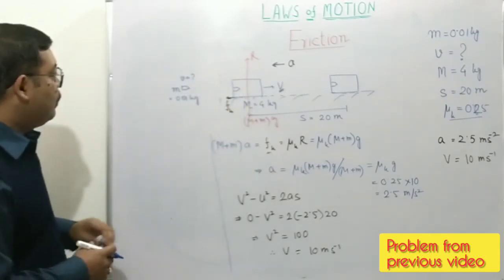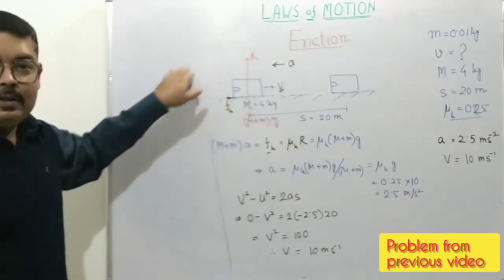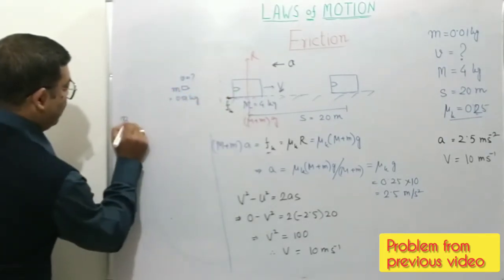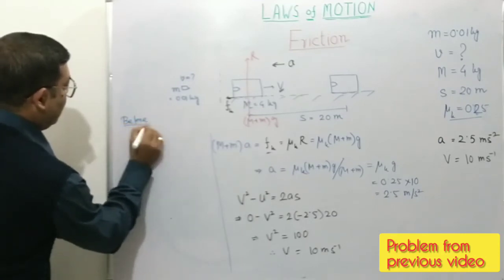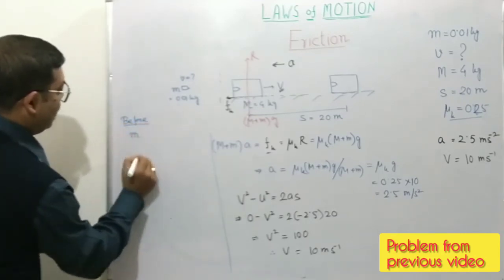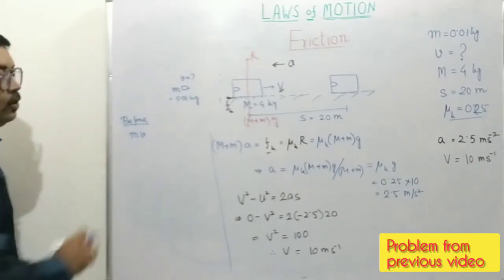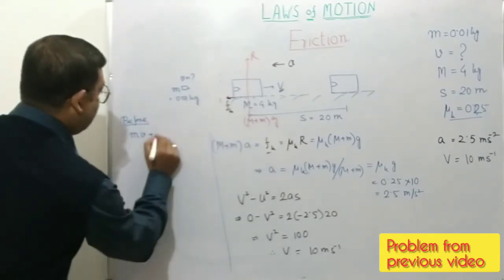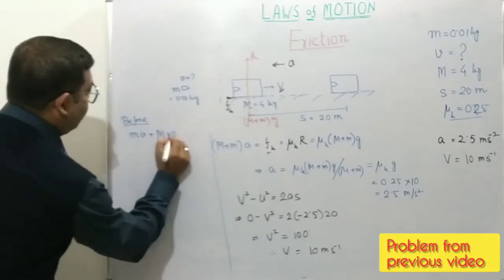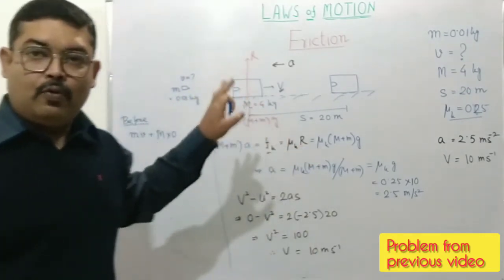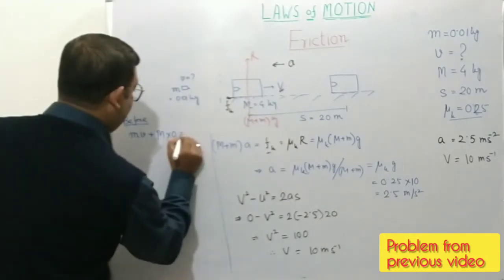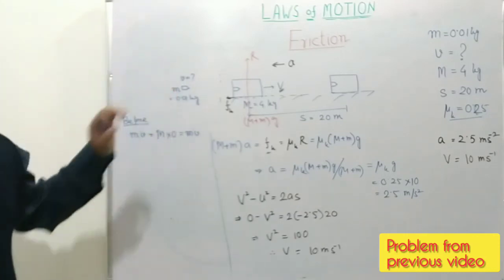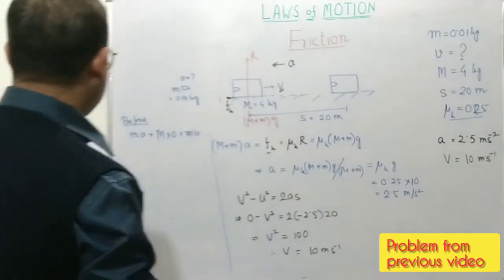So what was the net momentum before the bullet hit the block? The momentum before will be mass of the bullet into velocity of the bullet, which we need to find, plus mass of the block into 0. Why? Before the bullet hit, the block was stationary. So before, the total net momentum was small m into small v, simply because of the movement of the bullet.